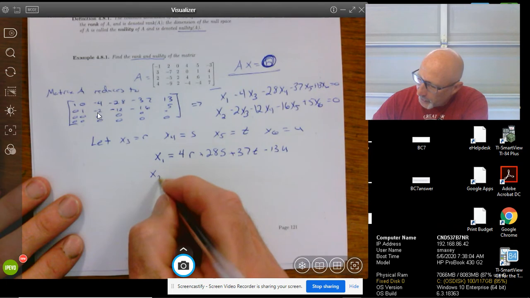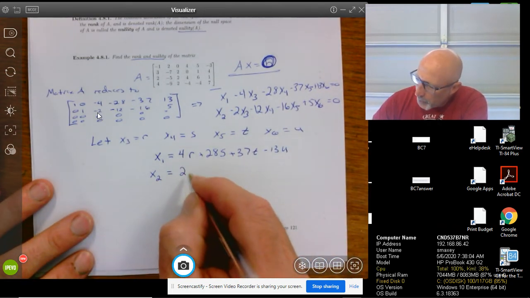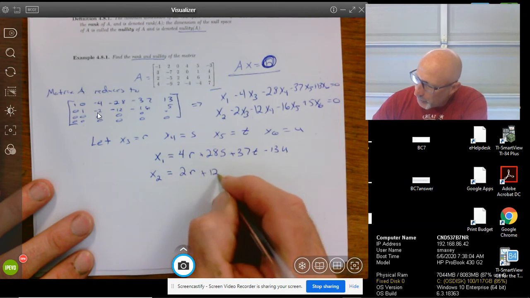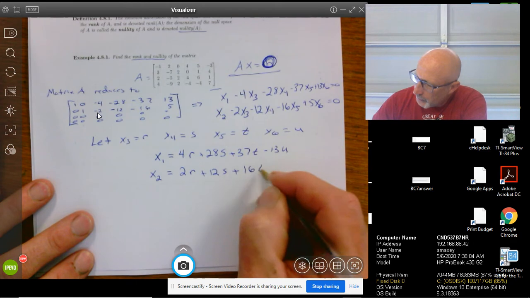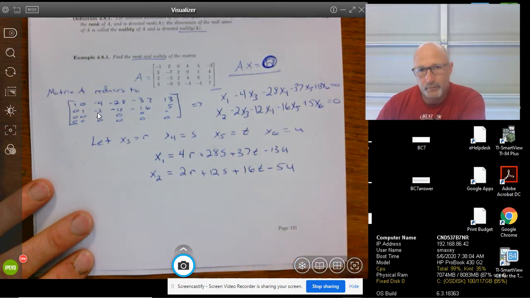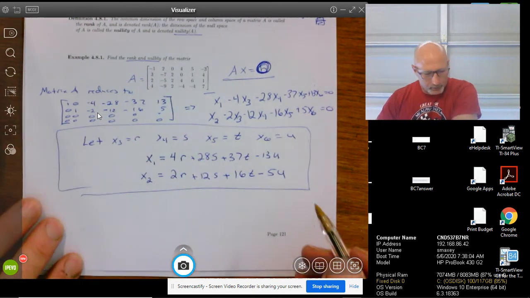And x2 is equal to 2r plus 12s plus 16t minus 5u. Okay, and this right here represents our general solution.